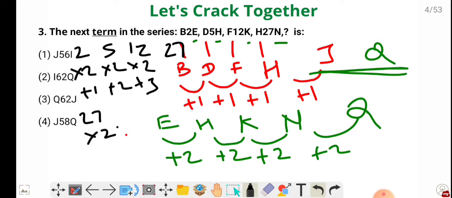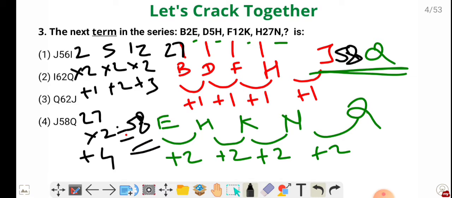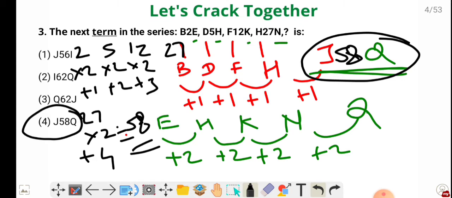What will be there? 54 plus 4 is 58. So the middle term is 58, means our option J58K, means option 4 is correct here. This is very simple. Just identify the patterns between the first alphabet, then the last alphabet and the middle term. Very simple.